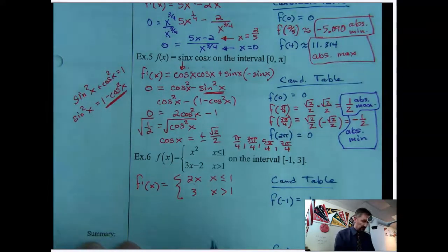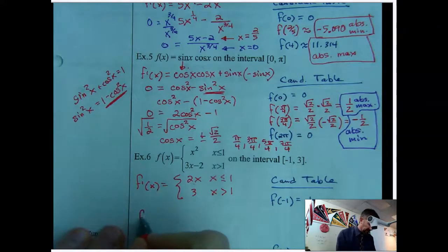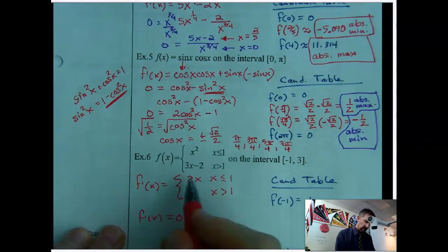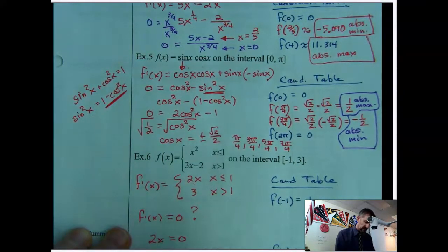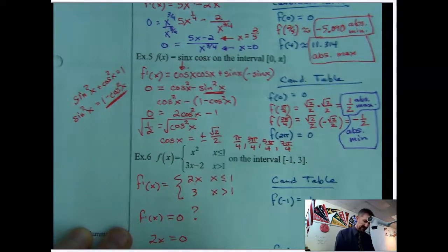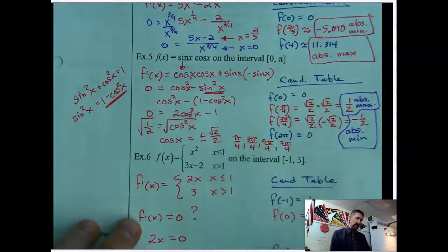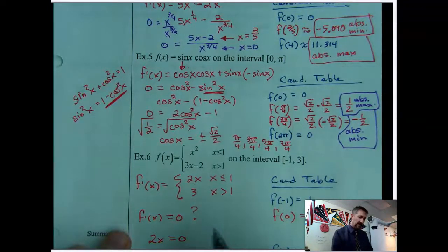Okay, so we want to know, when does f prime of x equal 0? Well, 2x equals 0, divide by 2. That happens when x equals 0. So we can do that, f of 0. Now, when is it not differentiable?